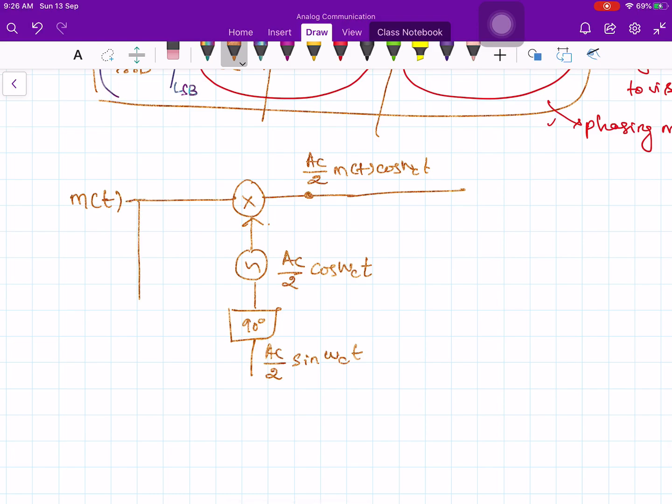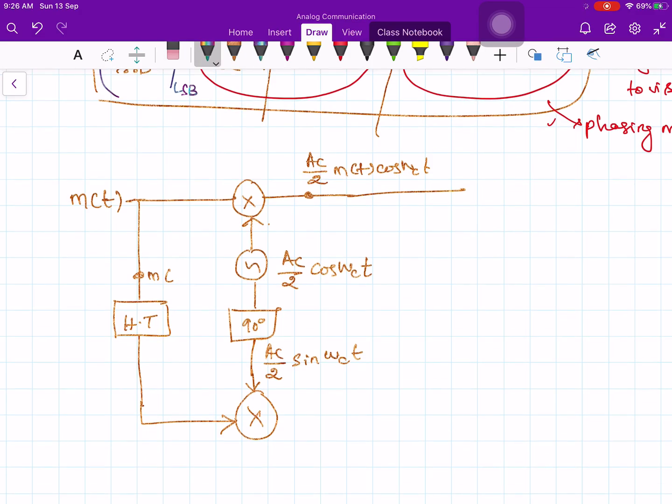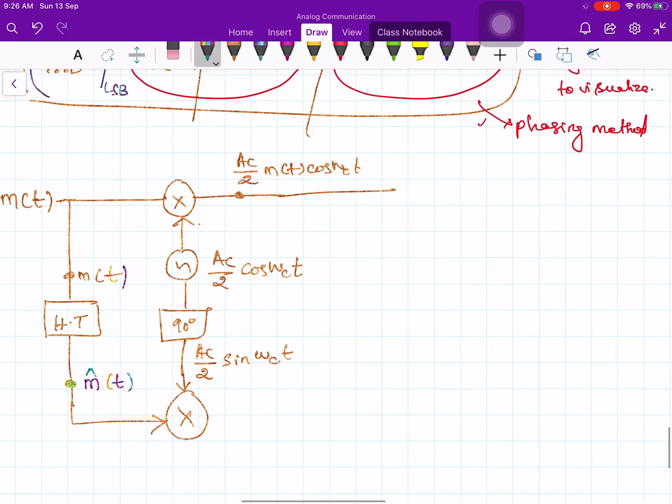Now this m of t you give to a Hilbert transform, and this one you multiply with the sine term. After the Hilbert transform, at this point you have m of t, and at this point you get m cap of t, and this output is Ac by 2 m cap of t sin omega ct.